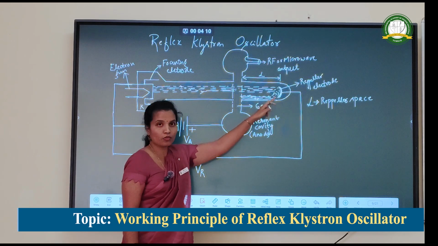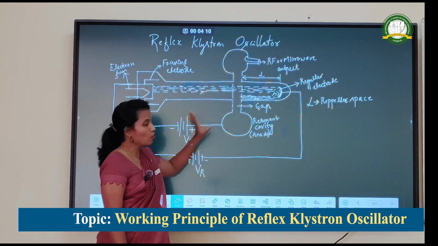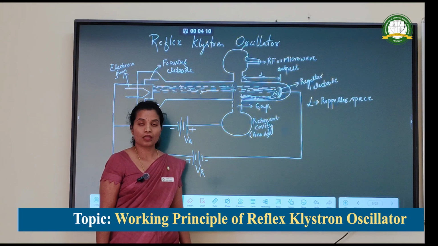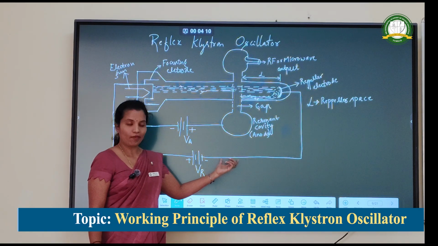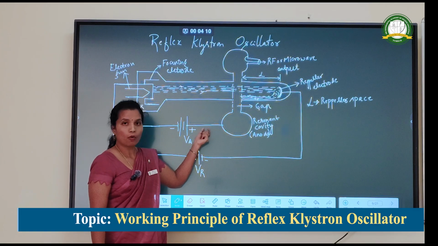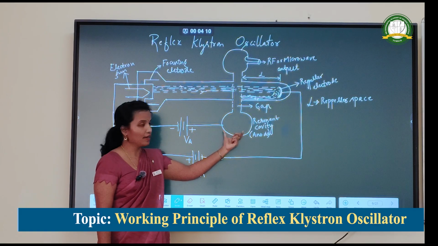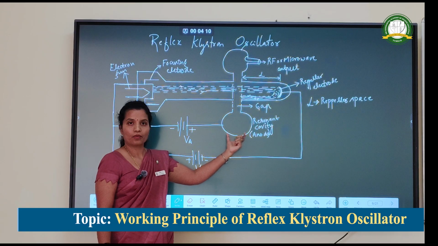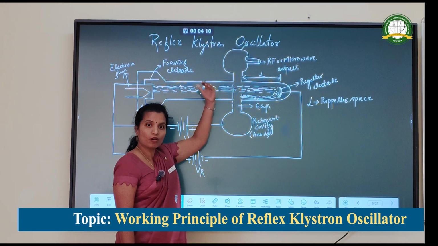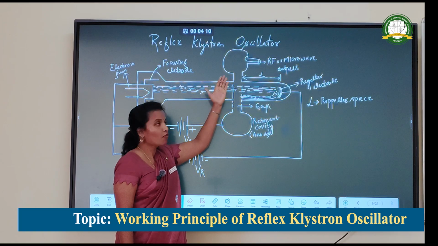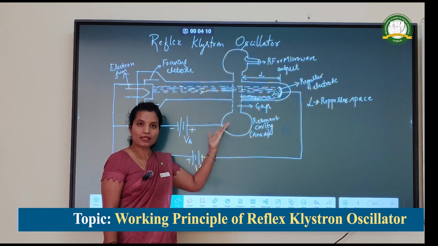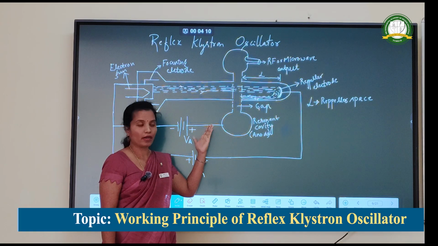This vacuum tube is inserted with a reentrant resonant cavity, and that cavity is connected with a positive voltage. Thus it acts like an anode, and across the other cavity the microwave oscillations that are produced will be taken out either with the help of a coaxial cable or waveguide.